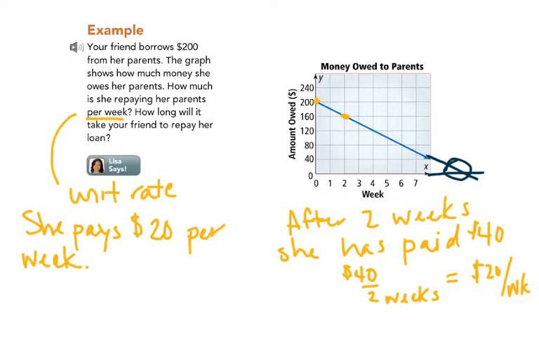So we would do 200 divided by 20, and that would give us how many weeks it takes. $200 divided by $20 gives us 10 weeks to pay off her loan.